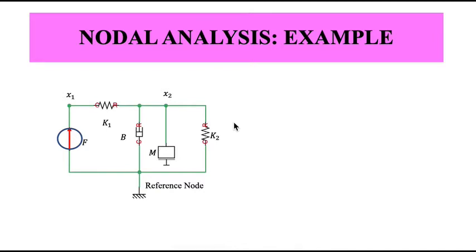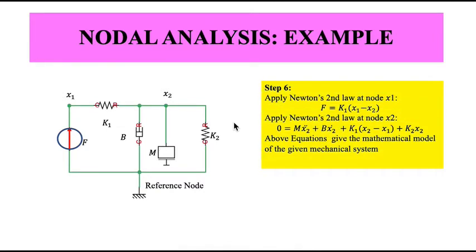So step 6, I will apply Newton's law at node 1. At node 1 I have a force and I have a spring, so the force would be K times x, or displacement. Since I am dealing with two displacements, I will simply have F equals K1 times (x1 minus x2).